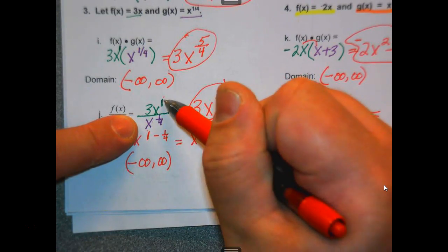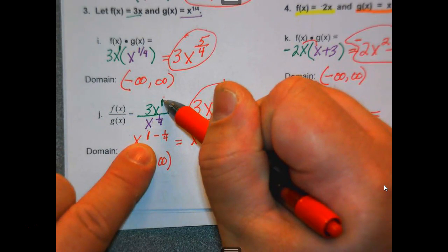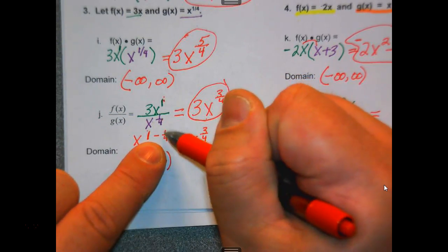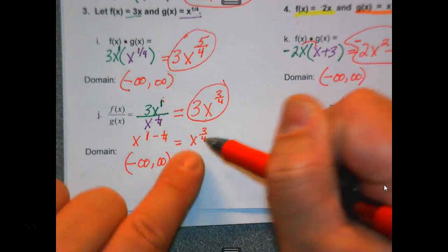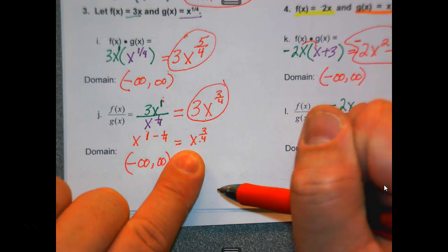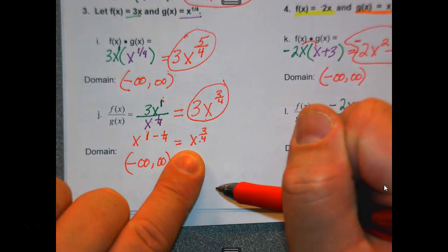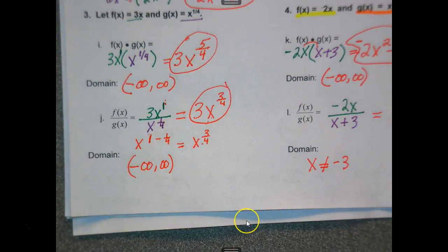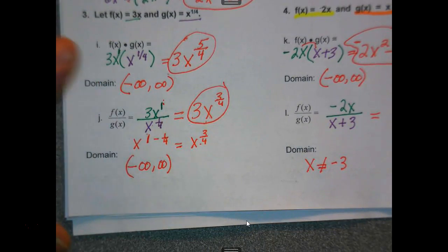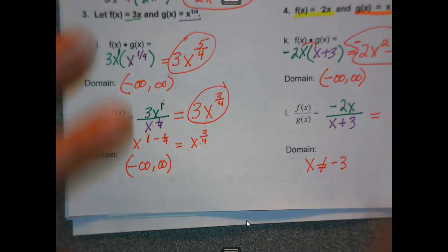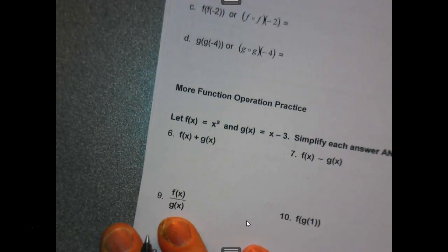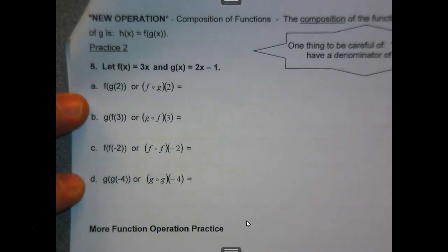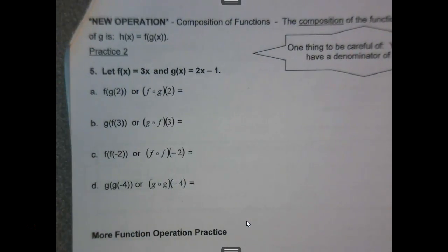So I took 1, x to the first, minus 1/4. That gives me x to the 3/4. Okay, that's what the property says. Okay, now, here's the hard part. Composite functions.